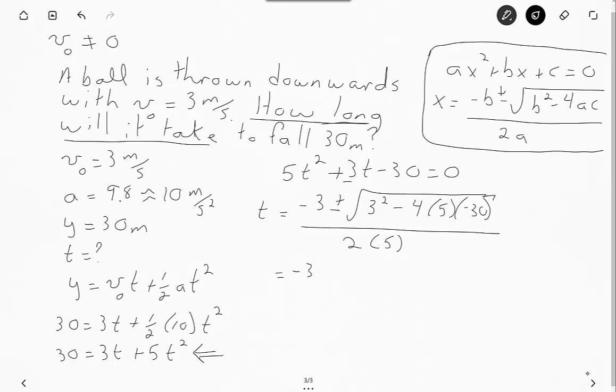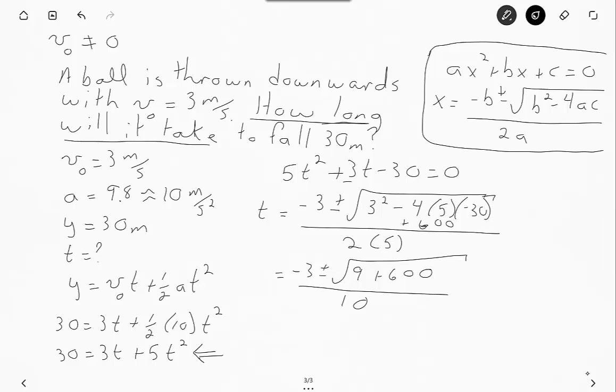So we get negative 3 plus or minus the square root of 9. 4 times 5 is 20. 20 times 30 is going to be 600. And there's 2 minuses, so it's a plus. So plus 600 over 10.